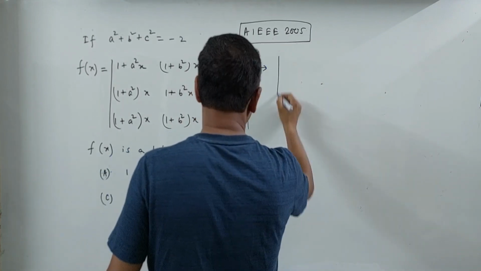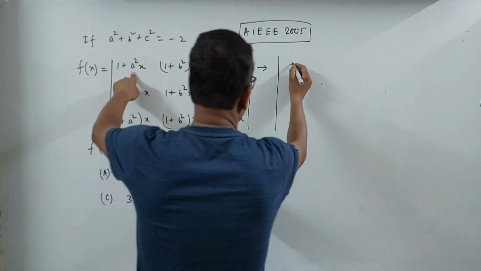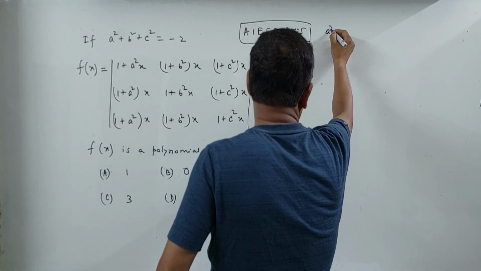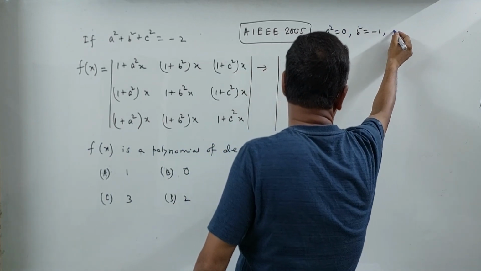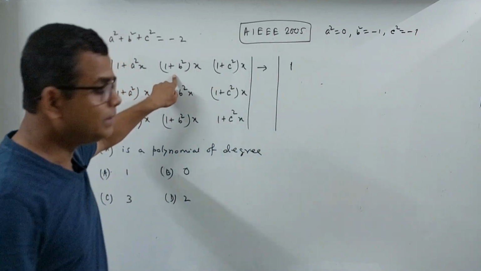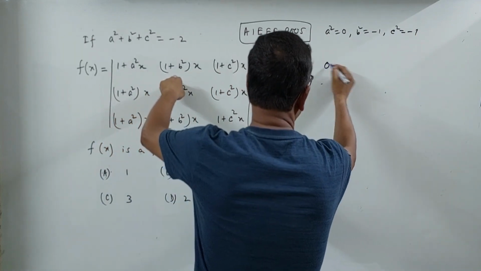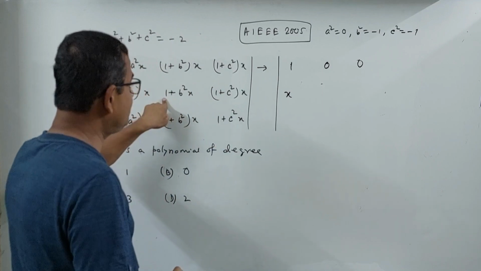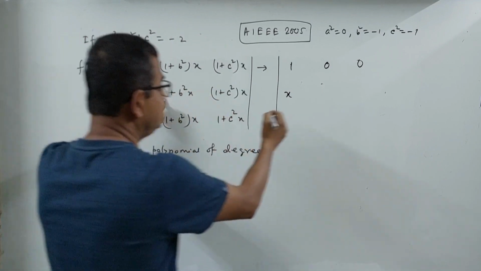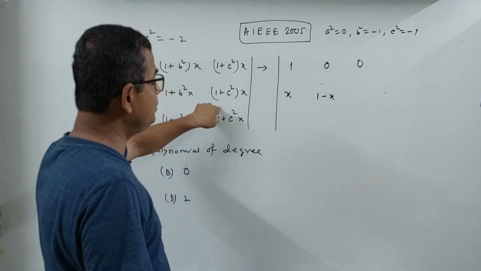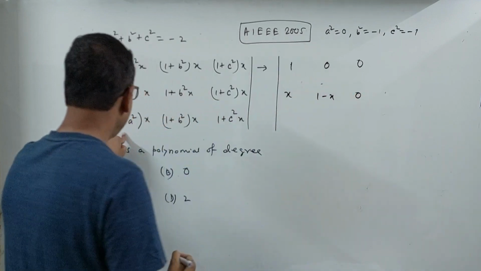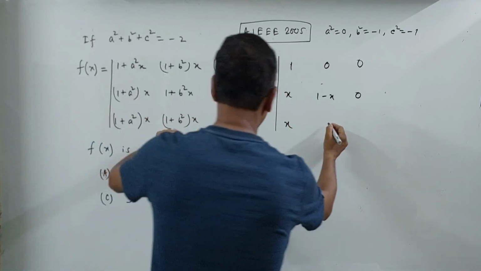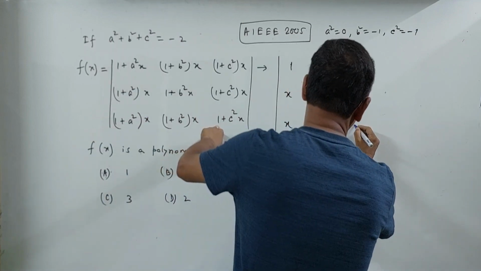Now, f(x) becomes 1 plus a square x, that is 1, 1 plus b square, that is 1 minus 1, that is 0, and 0 here. 1 plus a square, that is x, 1 plus b square into x, that is 1 minus x. 1 plus c square into x, that is we get also 0. 1 plus a square, that is 1 into x. 1 plus b square, that is 0, and 1 plus c square, that is 1 minus x.